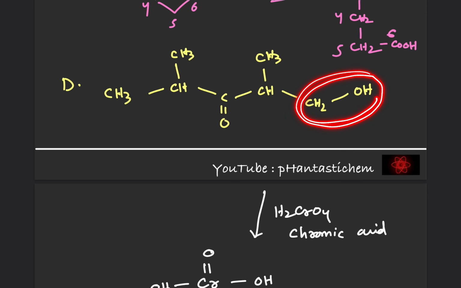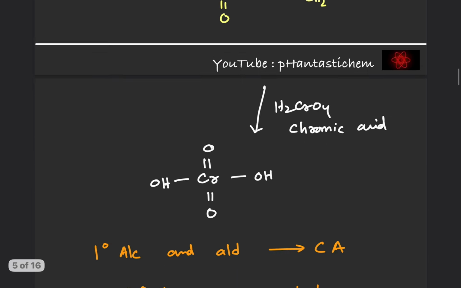To oxidize this CO group, we will need very strong oxidizing agents like hot concentrated KMnO4 to break these bonds. H2CrO4 or chromic acid cannot do this. So I will write down this statement.